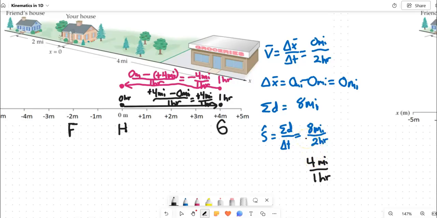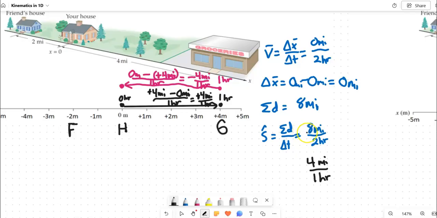And the way you talk about speed and velocity is the way your brain starts to think about these things. So just for right now, we're not going to call it velocity as miles per hour or meters per second. We're going to call speed and velocity 8 miles, the total distance over the period of time, or the total displacement over the period of time.